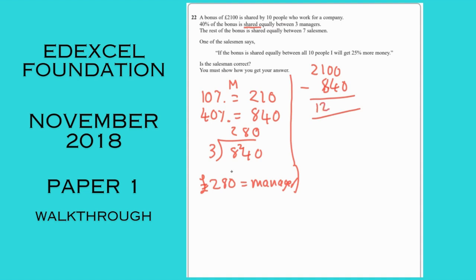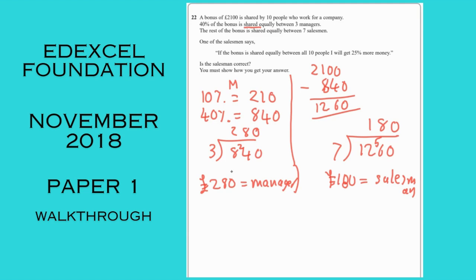But you should get £1,260, and that's shared equally between the salesmen. So 1, 5, 7, 8 to 56. So £180 is what a salesman gets.